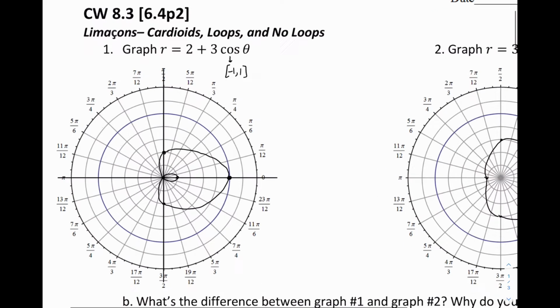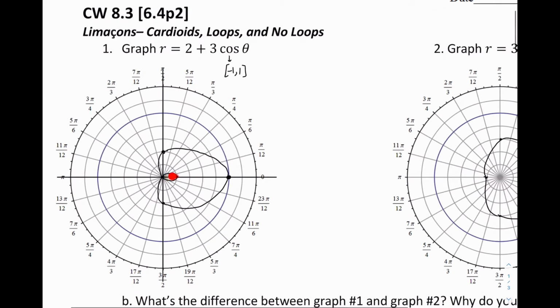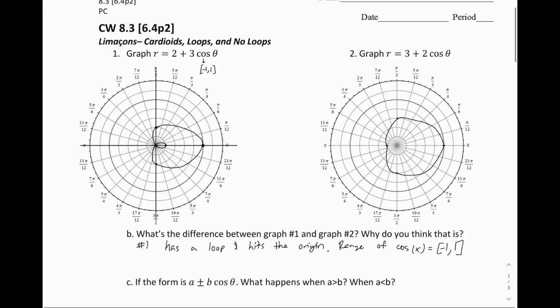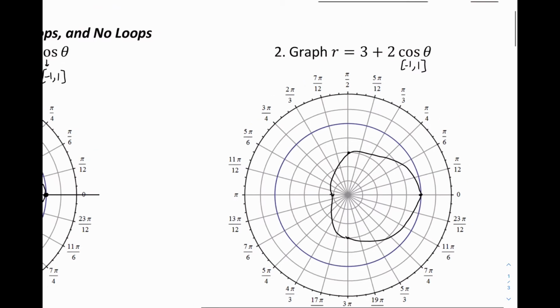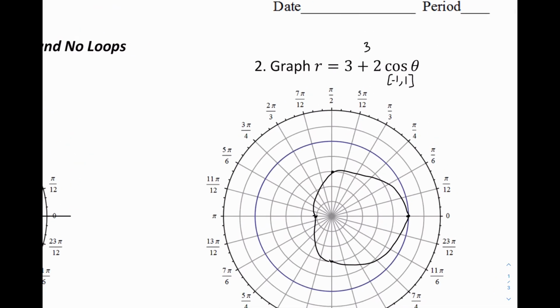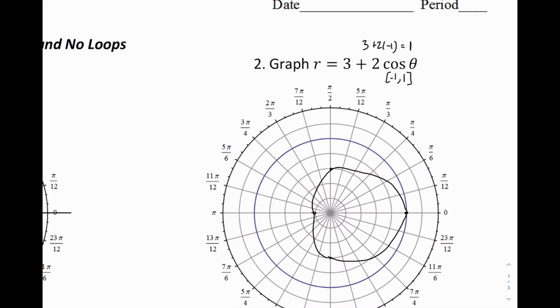And that negative is what is going to create this loop. Whereas this one, it's impossible to be negative because from -1 to 1, the smallest this could be is -1. And then if we plug that in, that'd be 3 plus 2 times -1, that'd be 1. So there would be no loop here.